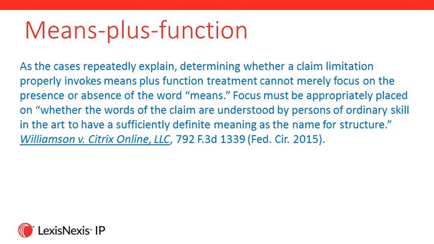The one thing I would add is you can have a means plus function structure for an entire claim, or you can have one for an element of a claim.